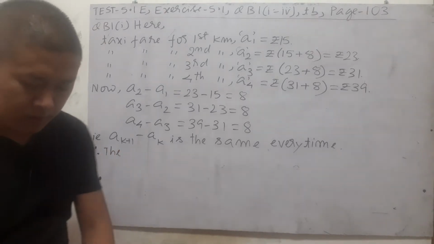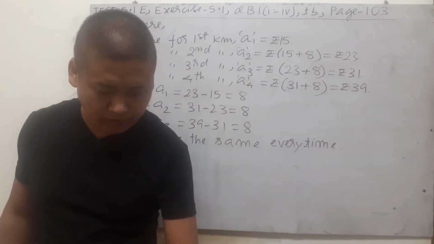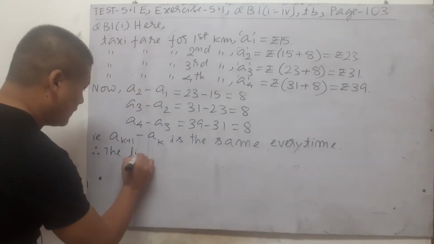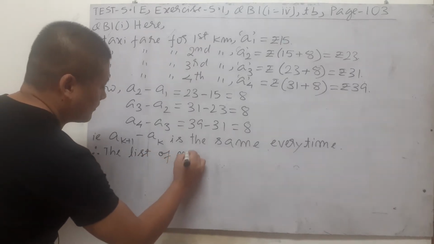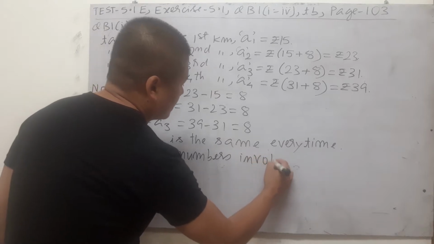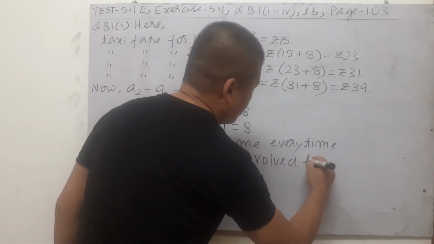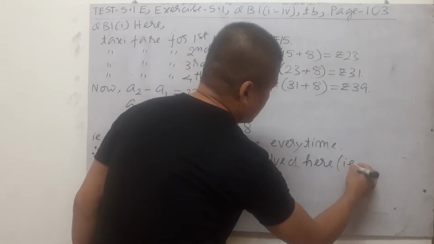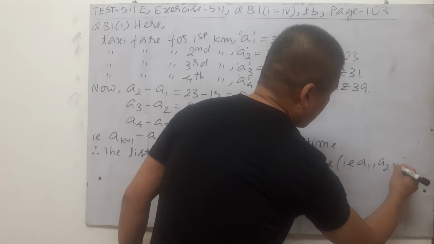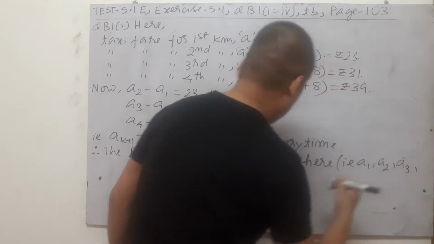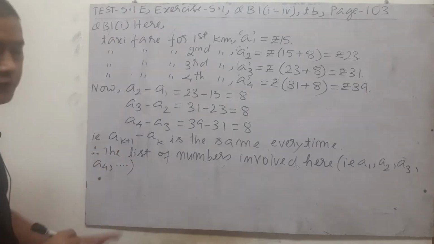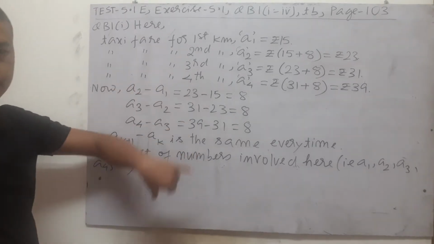Because of this, we'll go back to the beginning part of the question. In which of the following situations does the list of numbers involved form an AP? The list of numbers involved here is A1, A2, A3, A4, etc. Up to the fourth term is enough for us to confirm whether it's an AP or not.